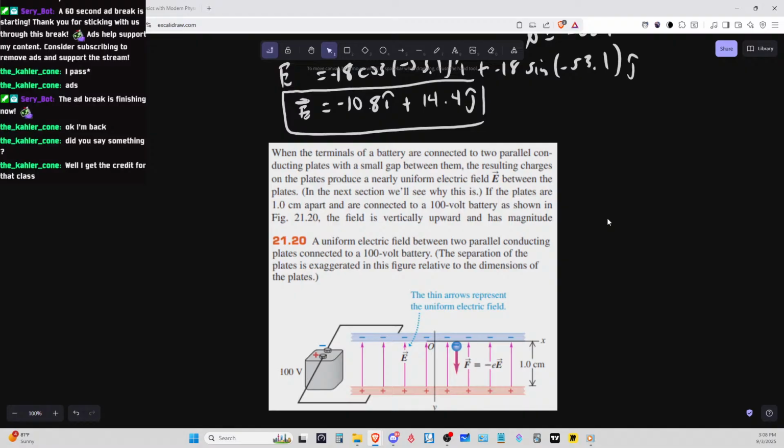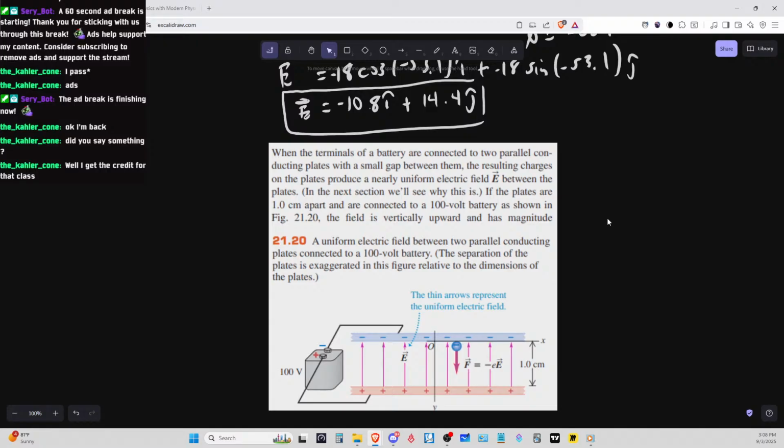When the terminals of a battery are connected to two parallel conducting plates with a small gap between them, the resulting charges on the plates produce a nearly uniform electric field E between the plates. In the next section, we'll see why this is.